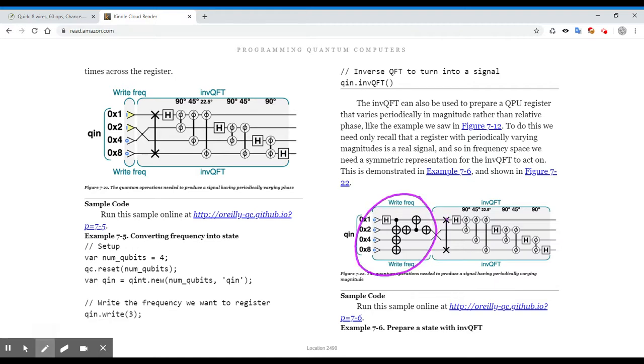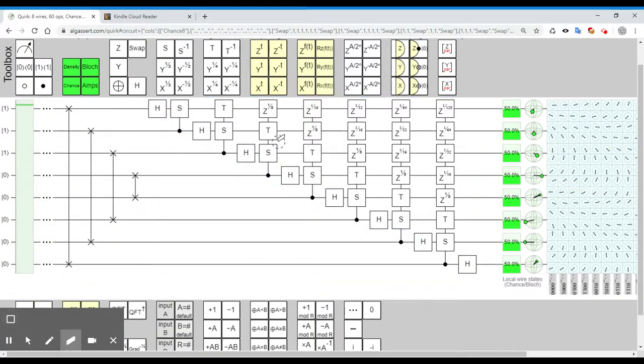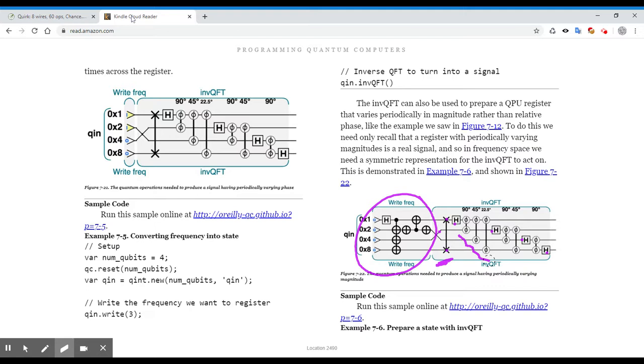You see the same pattern. There's a bunch of swap gates, and then the only thing they do is they have the Hadamard gate patterns as well, and then they actually have control Zs that pack everything into a control with multiple targets, which is a more compact way of writing it.